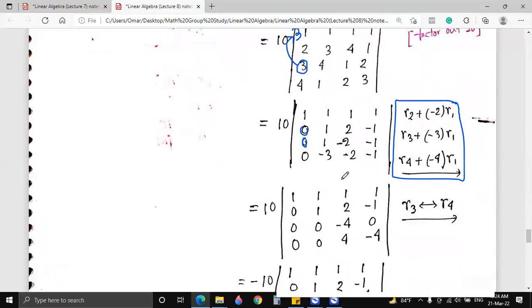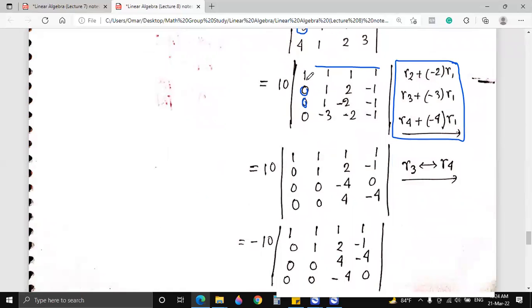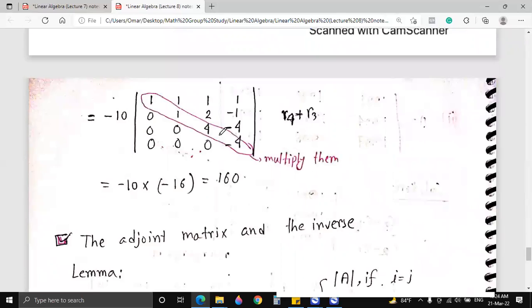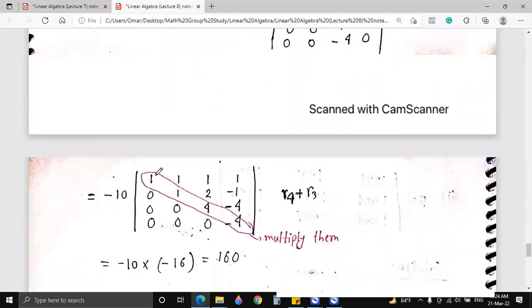So you get ones on the first row, and down here you will get a lot of 0s. Little by little, all the entries below the main diagonal will become 0. Then to find the solution, you can just multiply the numbers of the main diagonal.